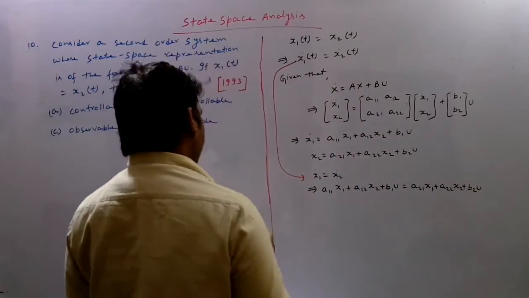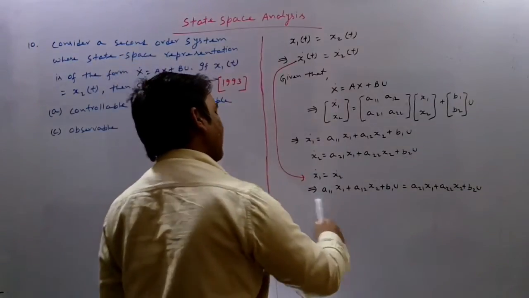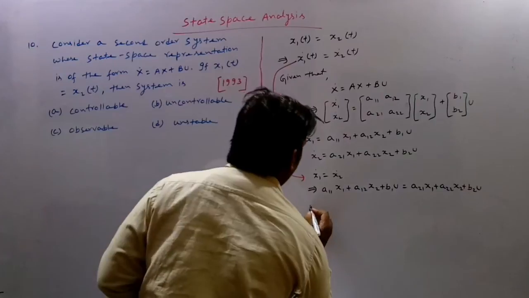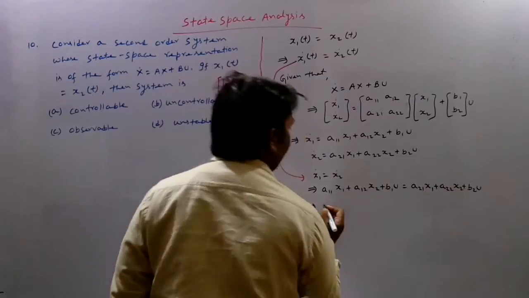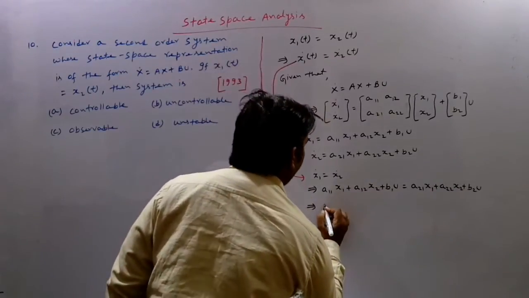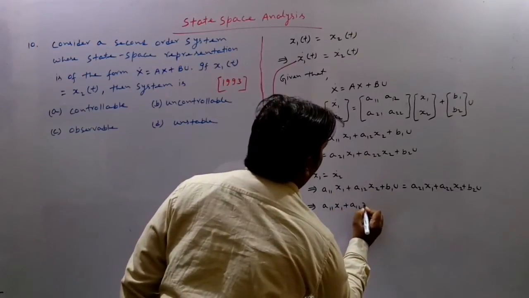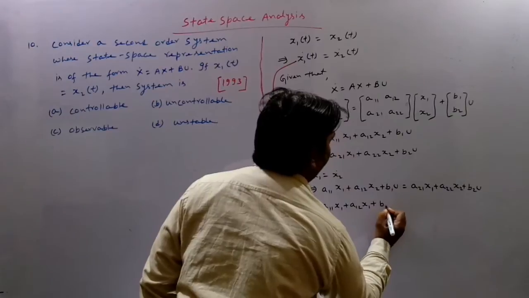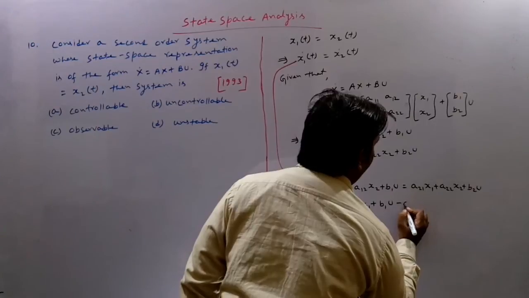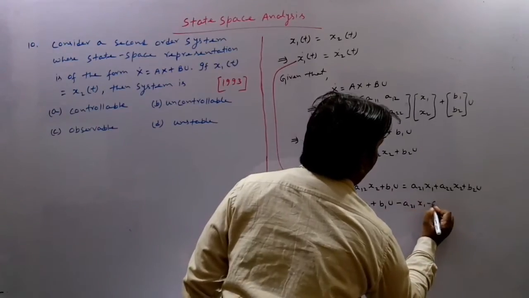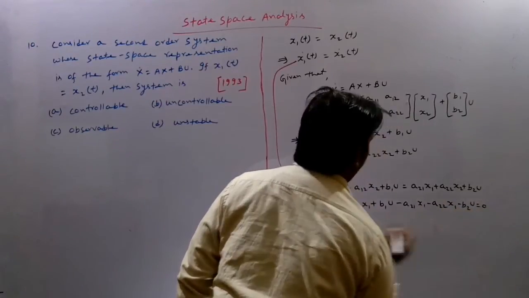Now since it is given that x1 is equal to x2, if we write all the things in x1, then a11 x1 plus a12 x1 plus b1 u minus a21 x1 minus a22 x1 minus b2 u is equal to 0.